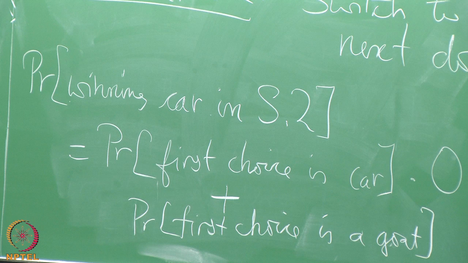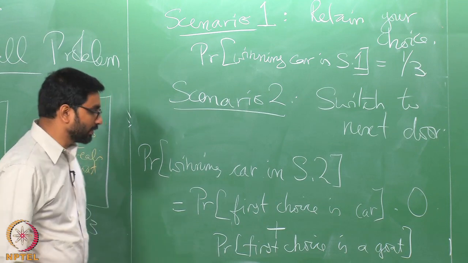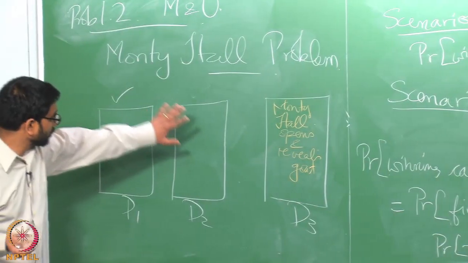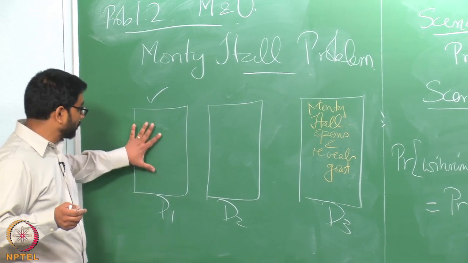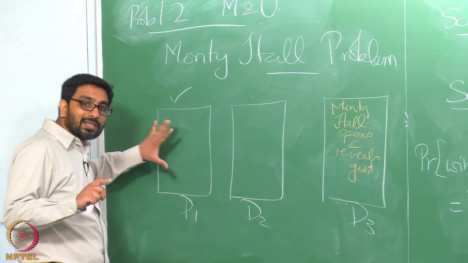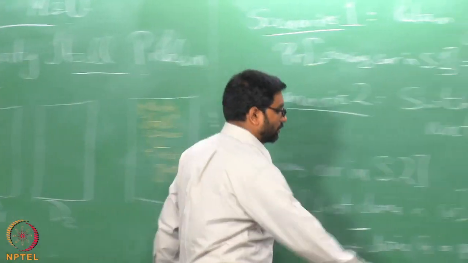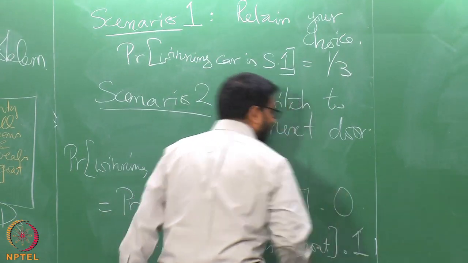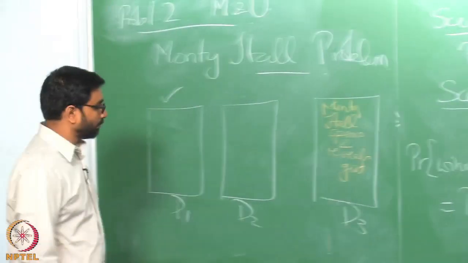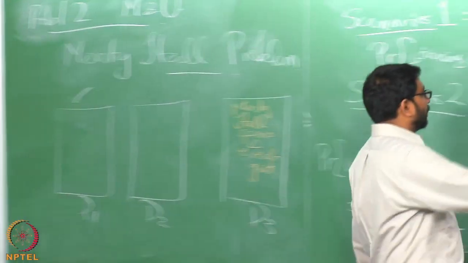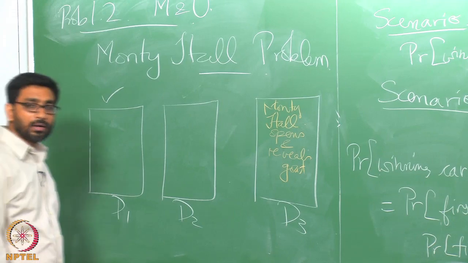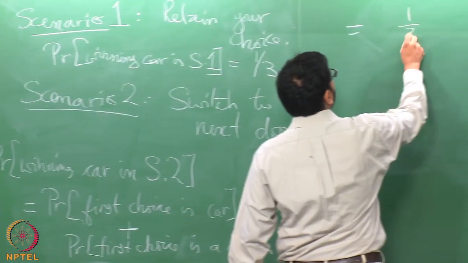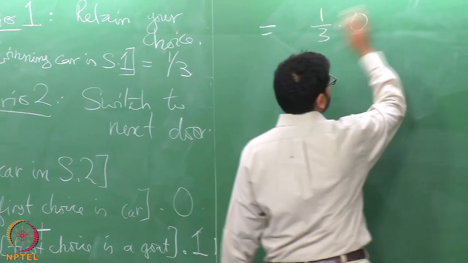And if your first choice is a goat, let us see what happens. If your first choice is a goat, you are going to move to the other door, which is necessarily a car. So, this is going to be times 1. What does this work out to be? The probability that the first choice is a car is 1/3, but it's times 0, so that essentially does not matter.